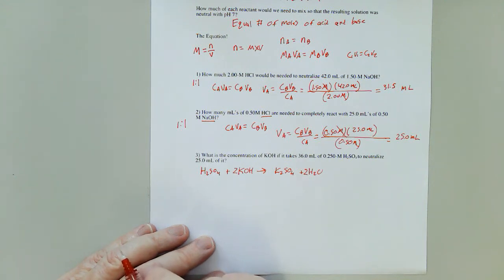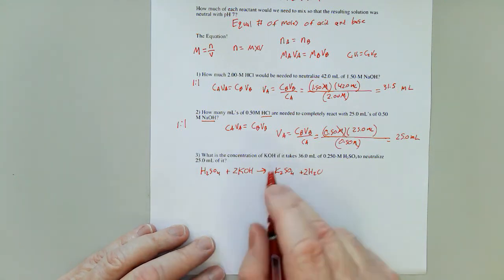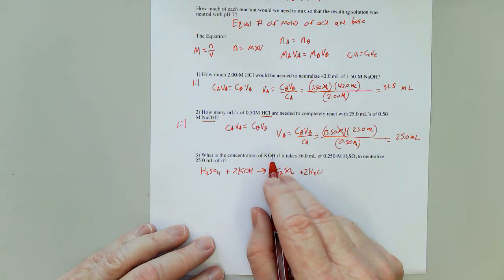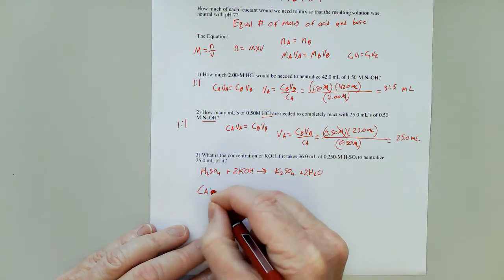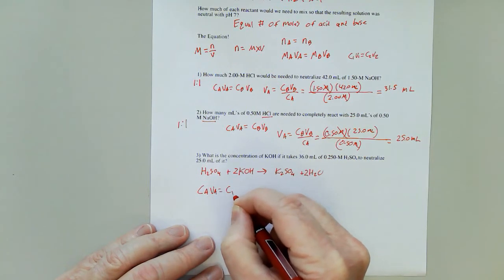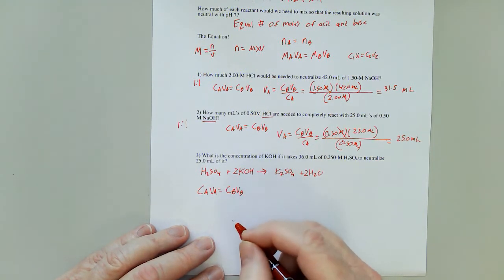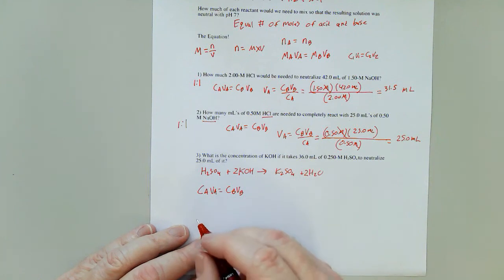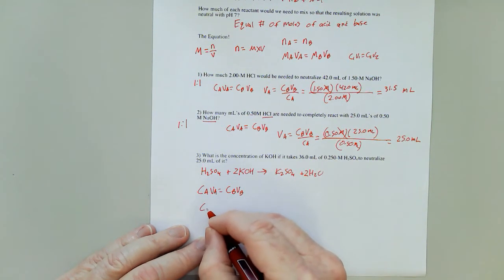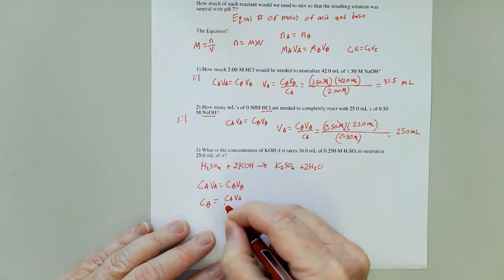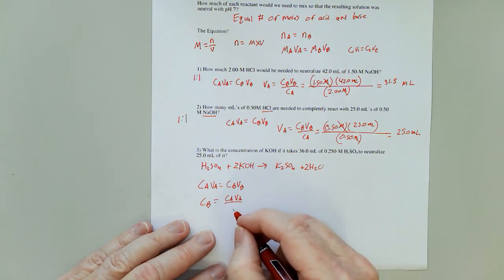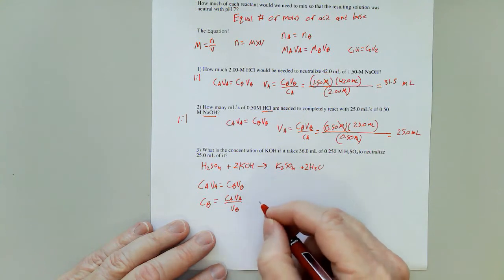Okay, I need twice as much base to react with the acid. I can still do this as kind of a CAVA equals CBVB if I wanted to. Okay, and then the concentration of the base would equal the concentration of the acid times the volume of the acid divided by the volume of the base.